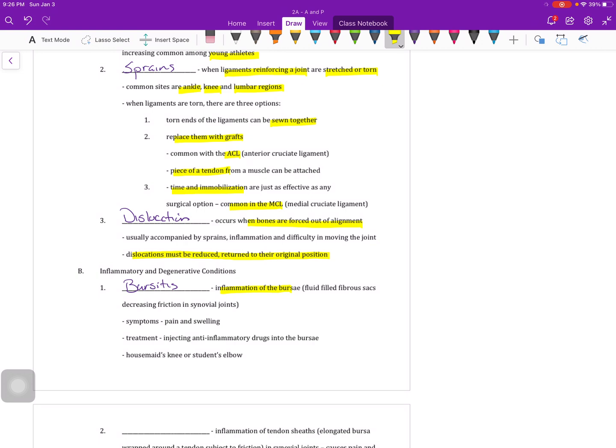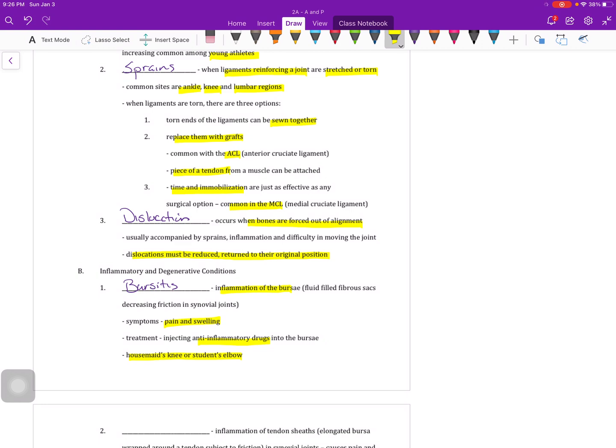You've got decreasing friction, so you'll have more friction there in the inflammation there. Symptoms, pain and swelling. Treatment, anti-inflammatory drugs into the bursa sac. Example of this would be housemaid's knee or a student's elbow.